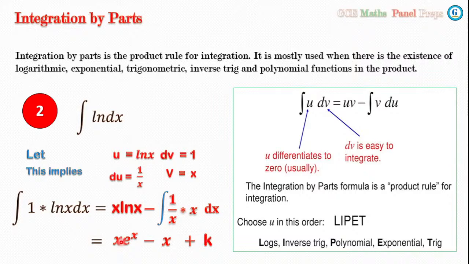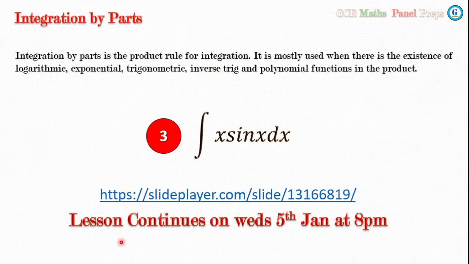Let's take another example. In the next video we continue with more examples, and you have to see how you can do this one according to Lippert. Which of them should be u and which one should be dv?